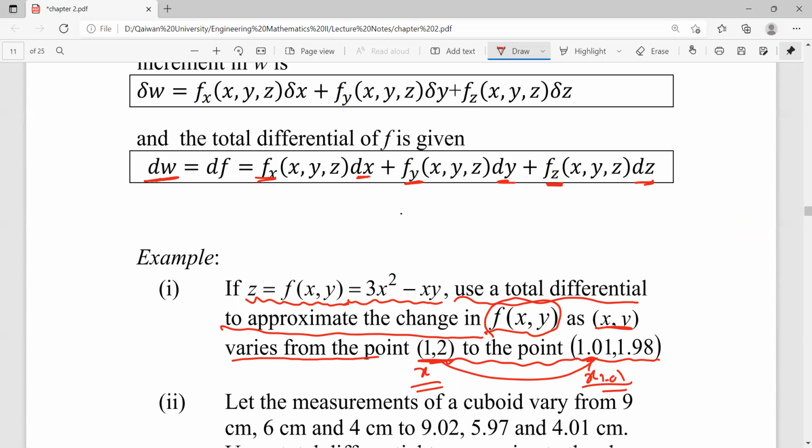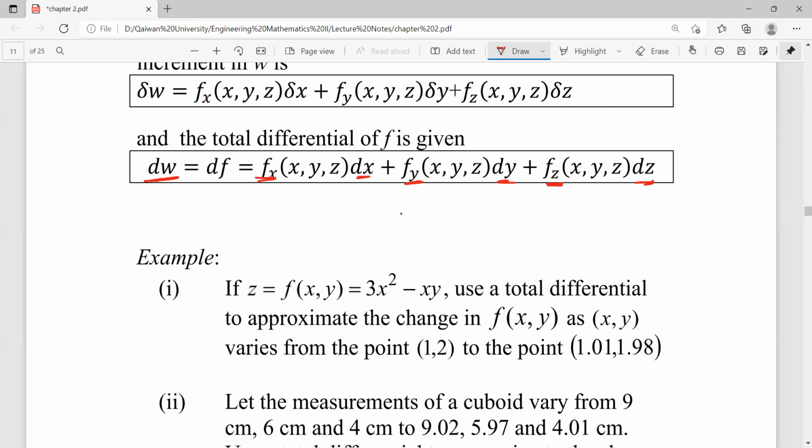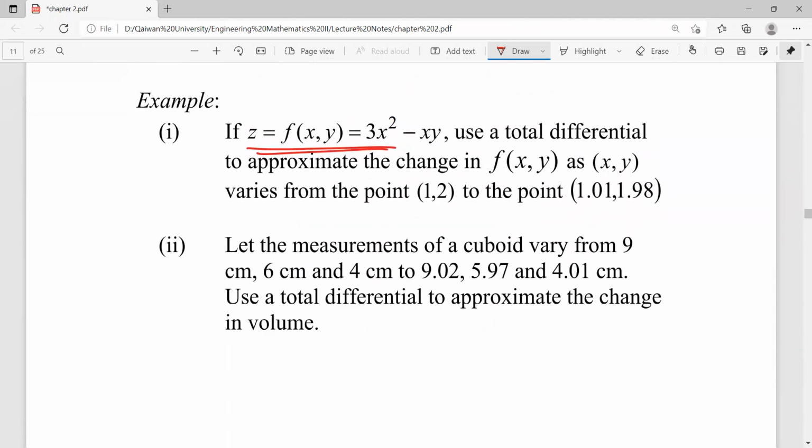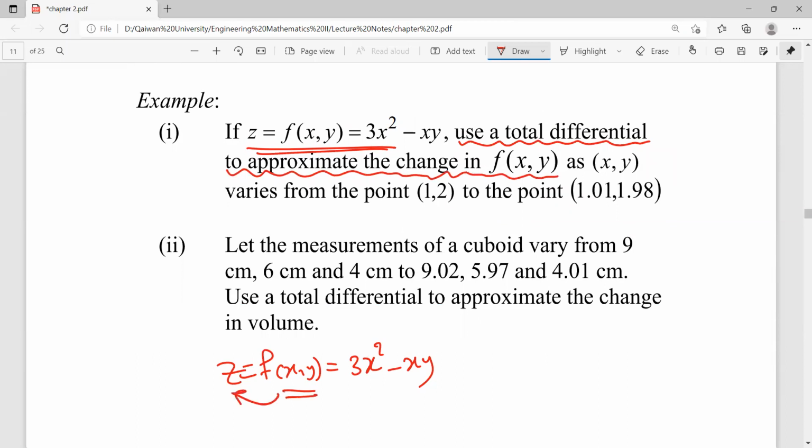So from this example, what's given? We are given the equation for z. Let's write down the given things. Z equals f of xy, which is 3x squared minus xy. What should we find? We should use the total differential to approximate the change in f of xy. What's f of xy? Which is z. So we should find the change in f or z.